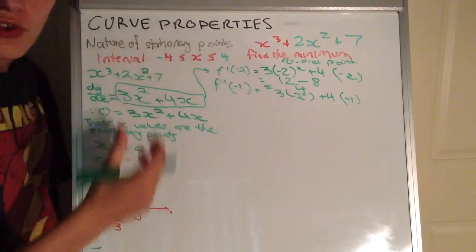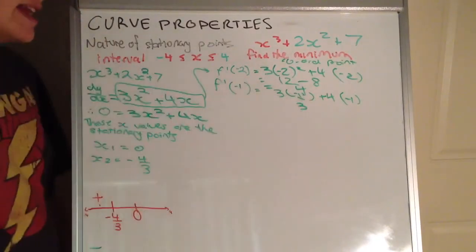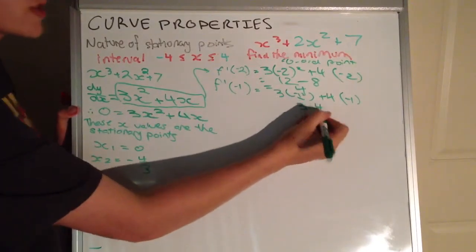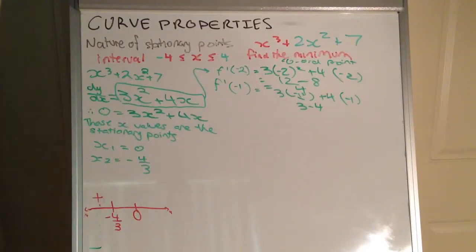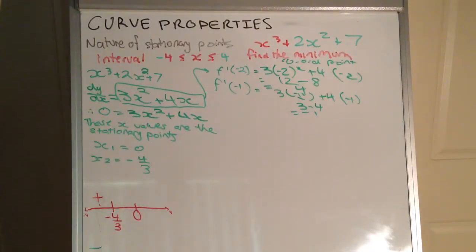So we have 3 times +1, which is going to make 3. And then we have -1 times 4, which is going to make -4. So it's 3 take 4, and that's going to make -1. So therefore we have a decreasing slope because we have a negative derivative.